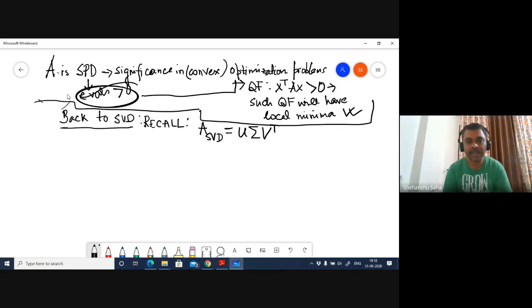This is M by N, which is a rectangular matrix, and this is M by R. This should be R by R, and V is N by R. Each one of these U and V are orthogonal matrices.